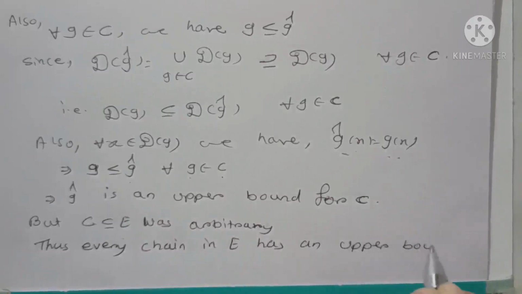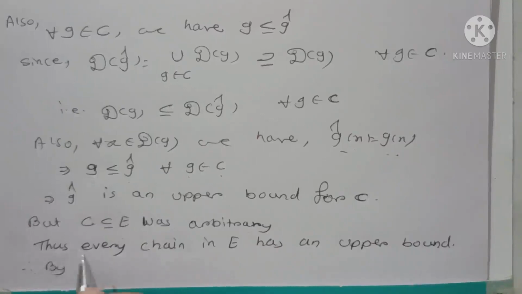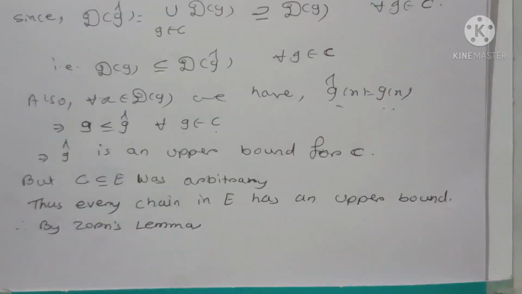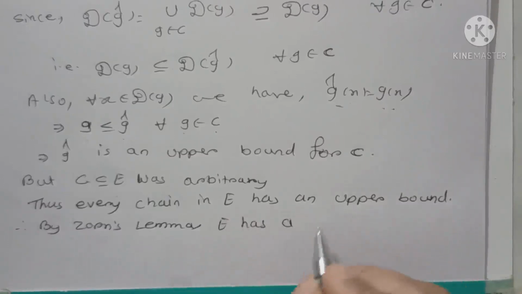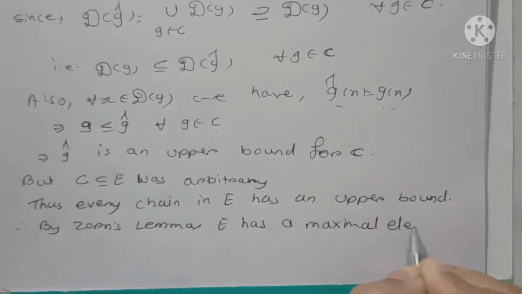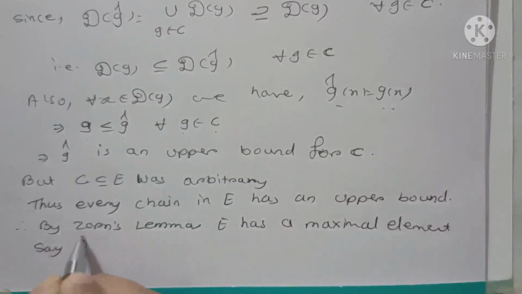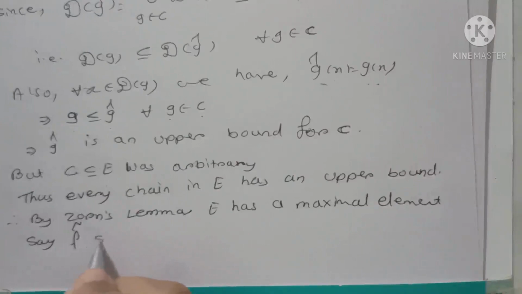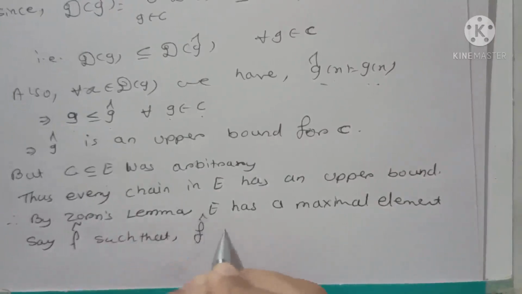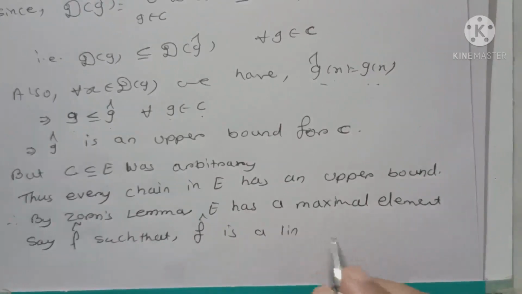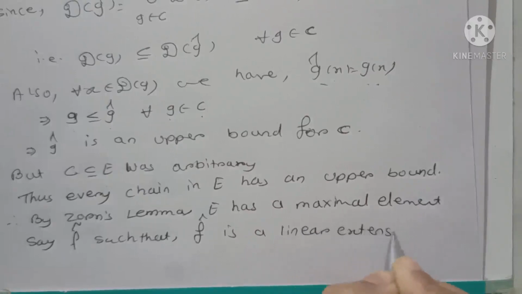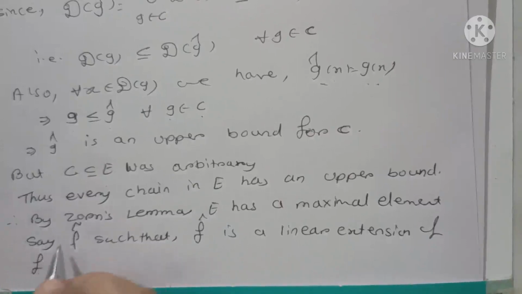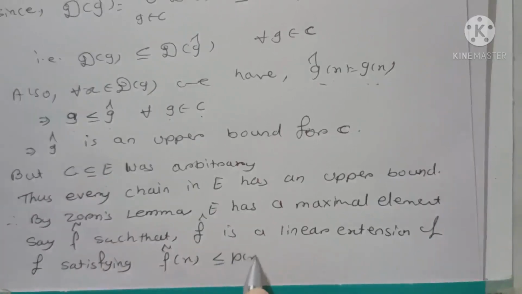And as every chain in E has an upper bound, therefore, by Zorn's lemma, E has a maximal element, say f tilde, such that f tilde is a linear extension of f, satisfying f tilde of x is less than or equals to p of x for all x belongs to the domain of f tilde.